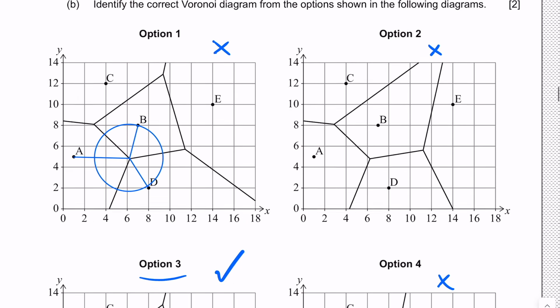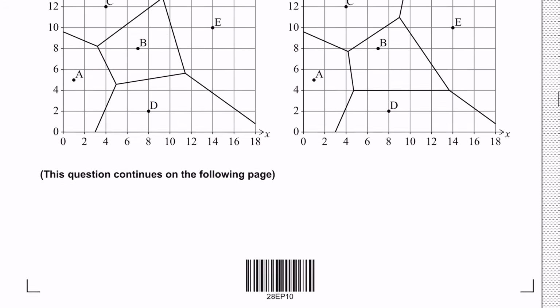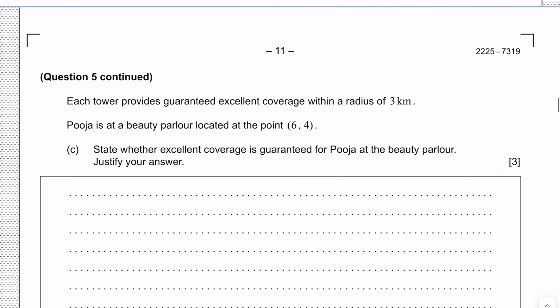But here, looking at the mark scheme actually, they're asking us to use the planned implementation. That is to say, with the given telecommunication plan at the moment, would she receive excellent coverage? And I don't think that's entirely clear, at least with this question itself.